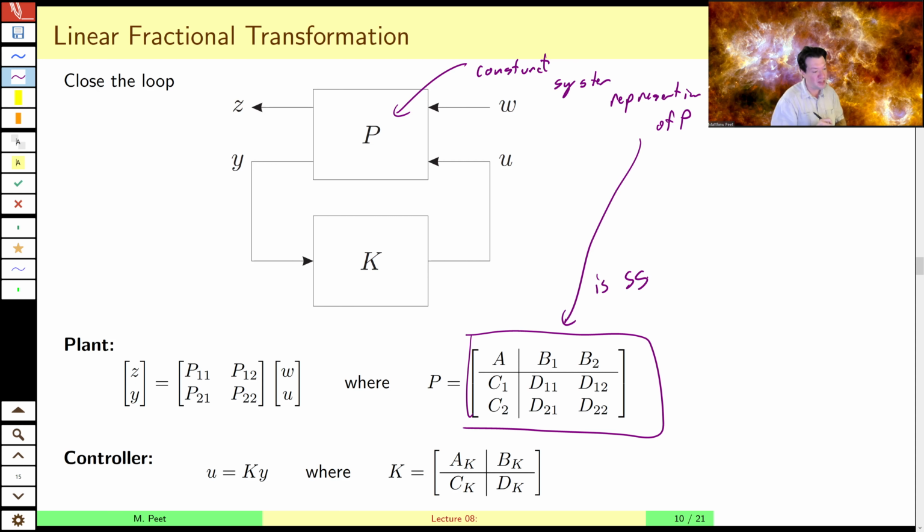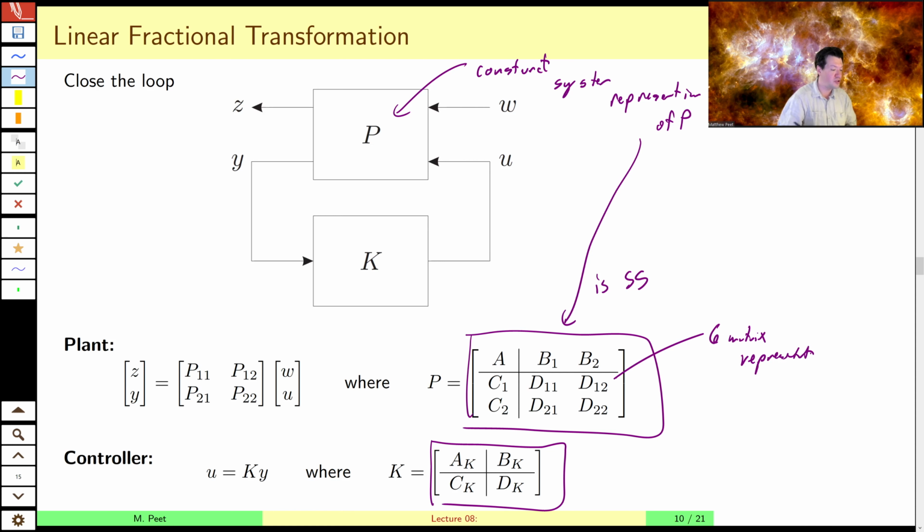In the next part, part B of this lecture, which I'll hopefully not have to record twice, we will now include the state space representation of K, and armed with this general representation, we have A, B1, B2, C1, C2, D11, D12, this matrix representation of the nominal system, we'll close the loop and find out what the closed loop system representation is so that we can then optimize it.